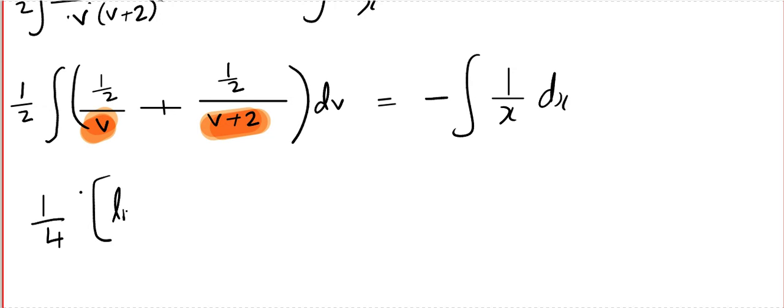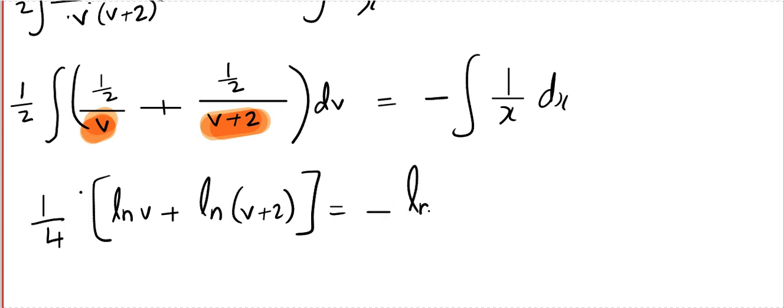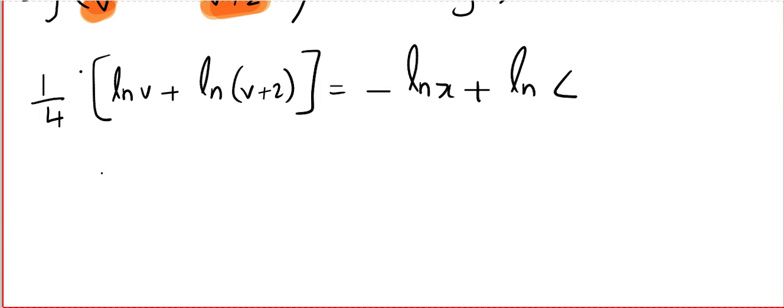1 by v is ln v plus ln v plus 2 is equal to minus ln x plus ln c. Now that is 1 by 4 into, what is log a plus log b?